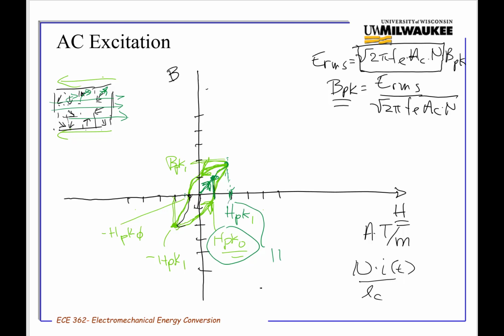This is the current of your peak. So if I went to, say, another peak here, H peak 2, I'm going to end up hitting another point, and I'm going to have a similar point in the negative direction, and I'm going to have a hysteresis curve around this whole thing.